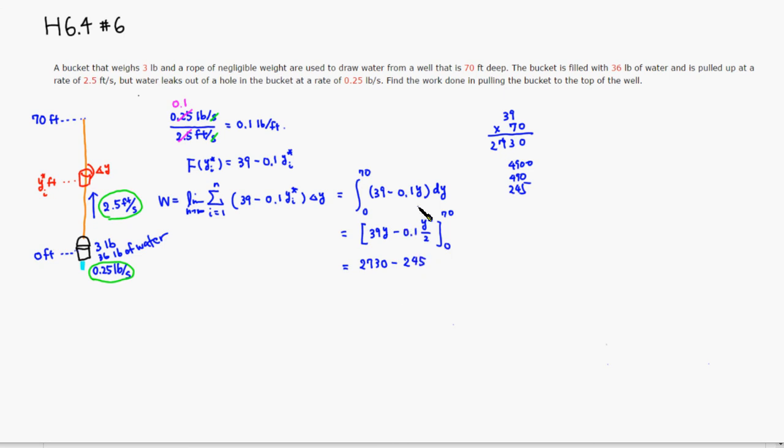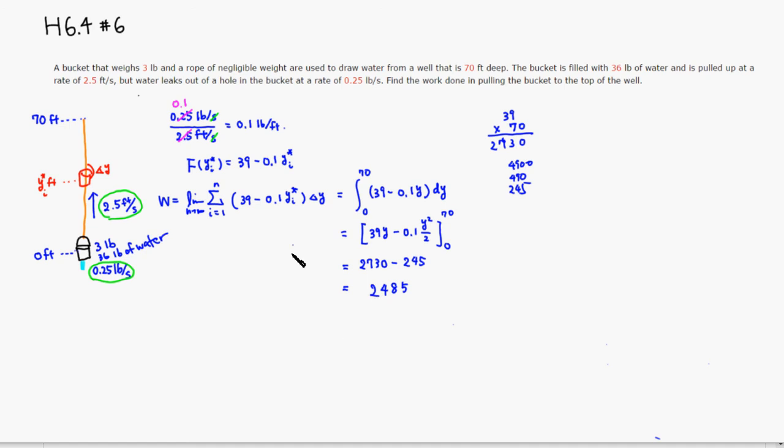If you plug in 0, it's all 0, so we just have to do the subtraction: 2,730 minus 245 is 2,485.